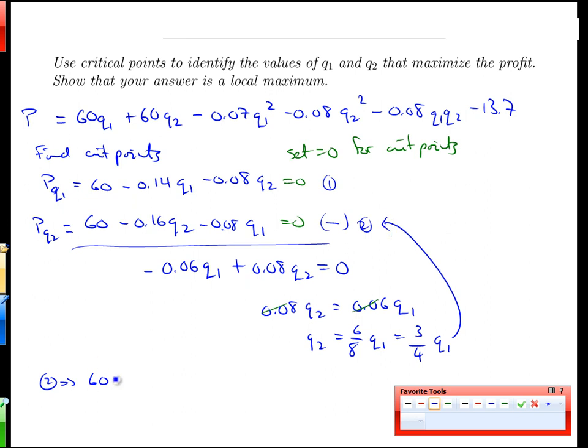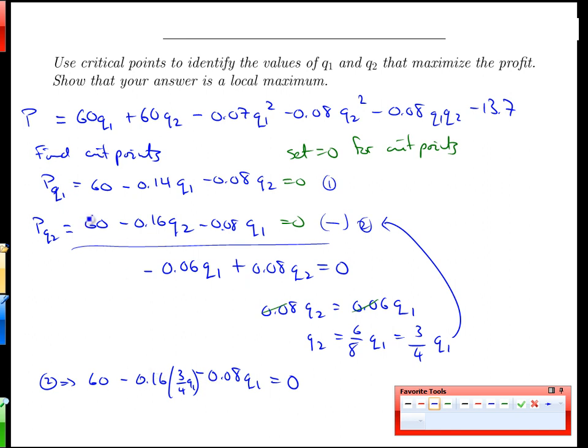There we go. 60 minus 0.16 Q2 minus 0.08 times 3/4 of Q1. Whoops. Q2 is equal to that. The 3/4 goes here. It really didn't matter, did it? I'm misreading my Q1s and Q2s. There you go. Good lesson in error detection.